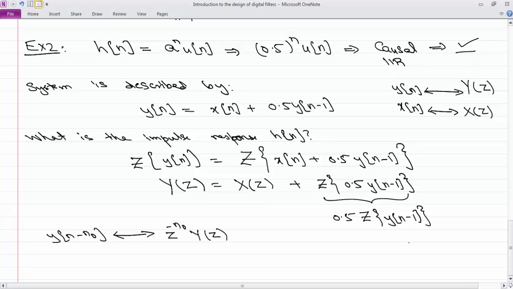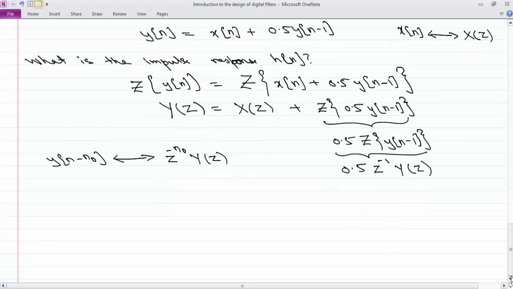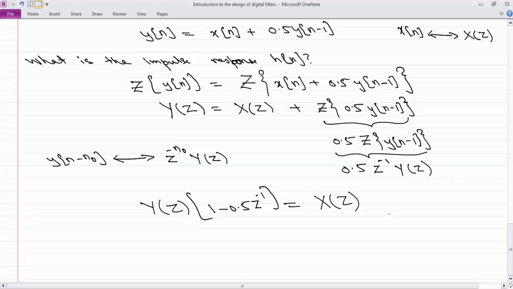Okay. So this means that the Z transform of this is 0.5 z to the minus 1 Y(z). Okay. So if I collect these facts together, I get Y(z). I bring this term to the left-hand side: (1 minus 0.5 z inverse) Y(z) equal to X(z). Okay.